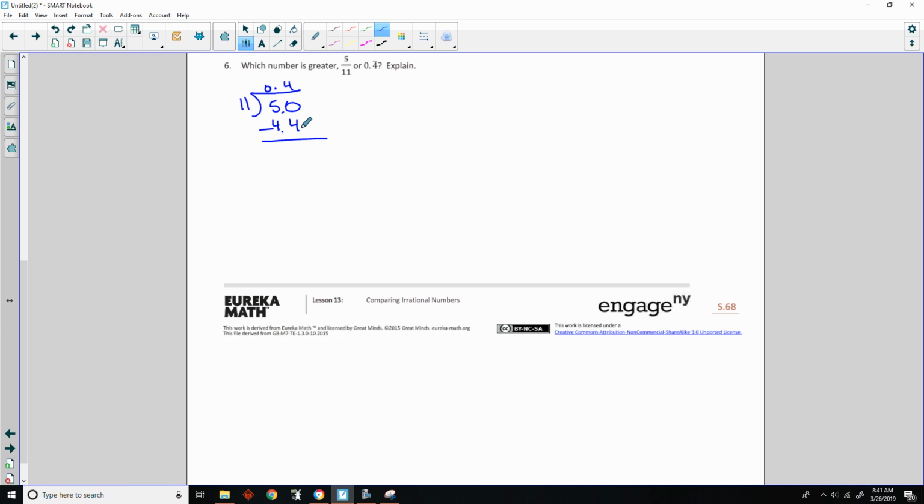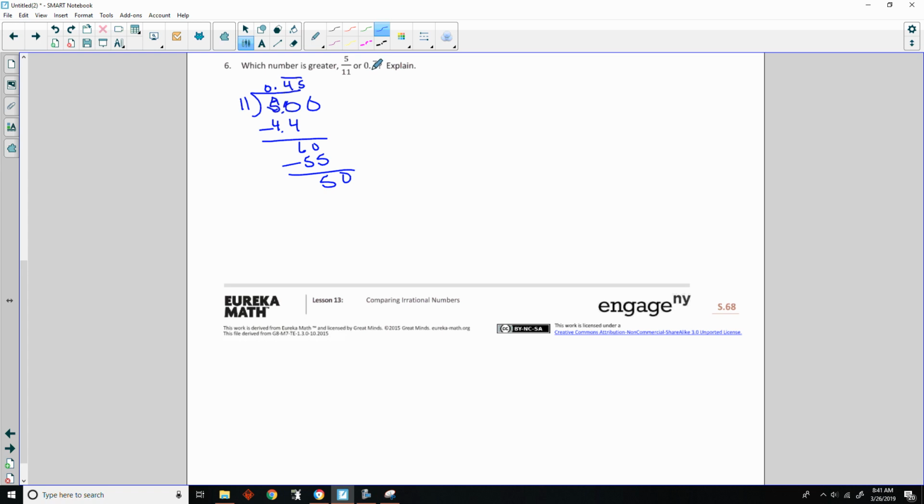Subtract and get 6. Bring down a 0, so it's 60. 5 times 11 is 55. 60 minus 55 is 5, bring down a 0, 50. 11 will go into 50 4 times, so now we're repeating. So 5 divided by 11 is 0.45 repeating.